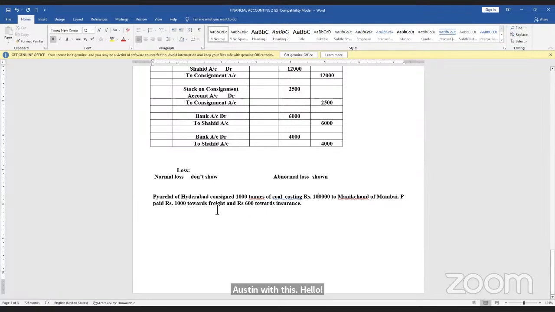Parallel paid rupees 1,000 towards freight and rupees 600 towards insurance.